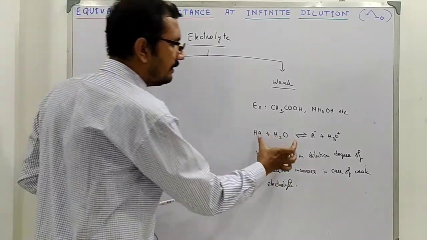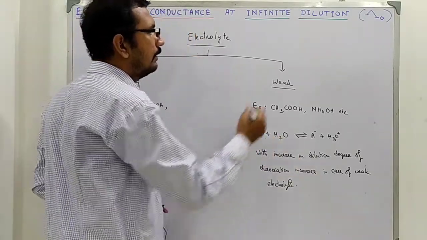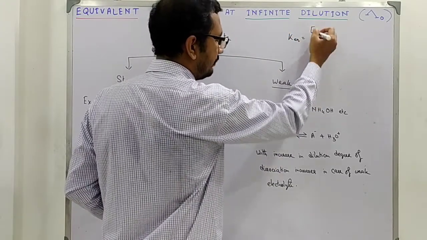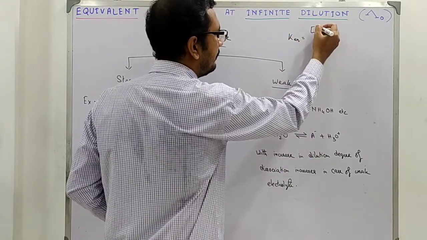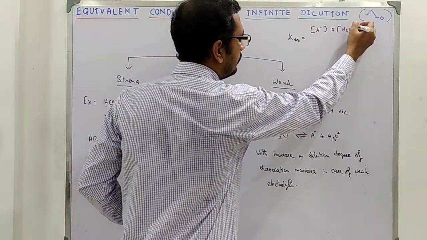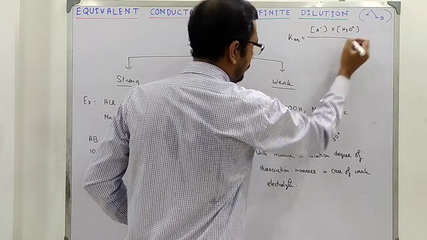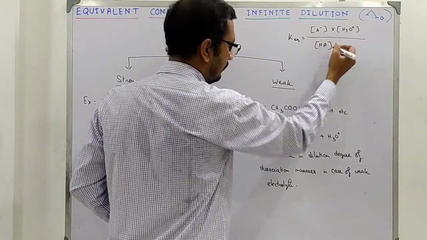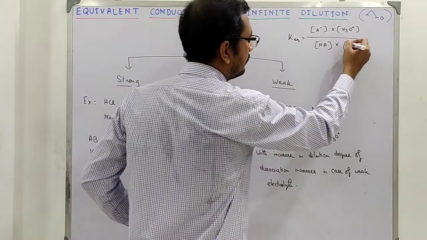So, when the equilibrium is reached, we will have K equilibrium equals to the equilibrium concentration of the products. So, it will be [A-][H3O+] by [HA][H2O].